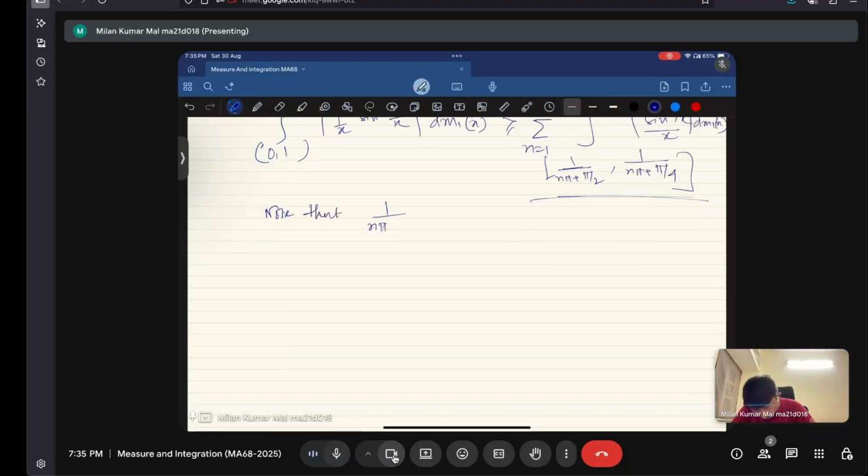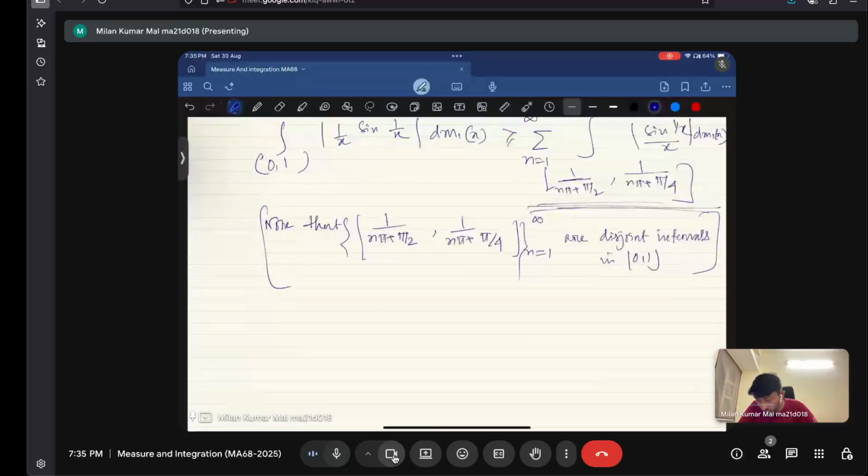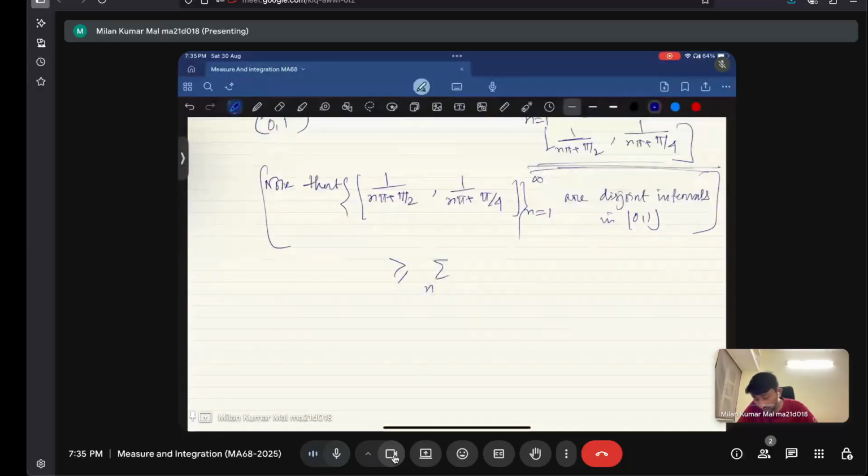Note that the intervals from 1 by n pi plus pi by 2 to 1 by n pi plus pi by 4, for n equals 1 to infinity, are disjoint intervals in (0,1). So this thing is greater than or equal to the sum over n equals 1 to infinity of 1 by square root of 2 times the length, 1 by n pi plus pi by 4 minus 1 by n pi plus pi by 2.